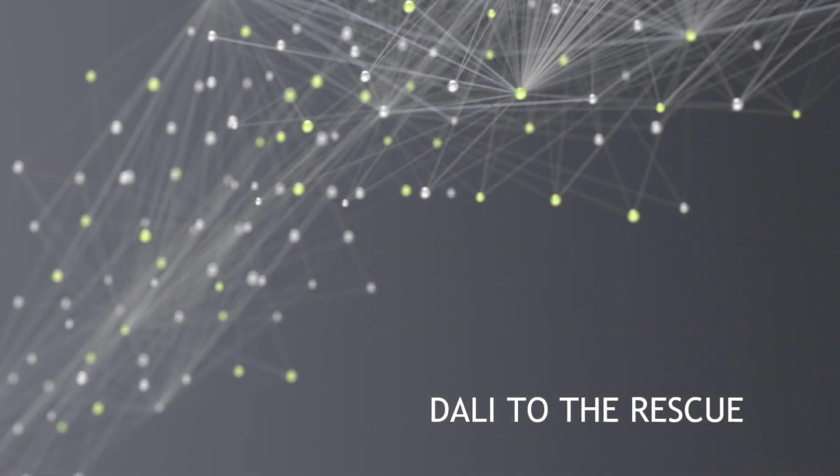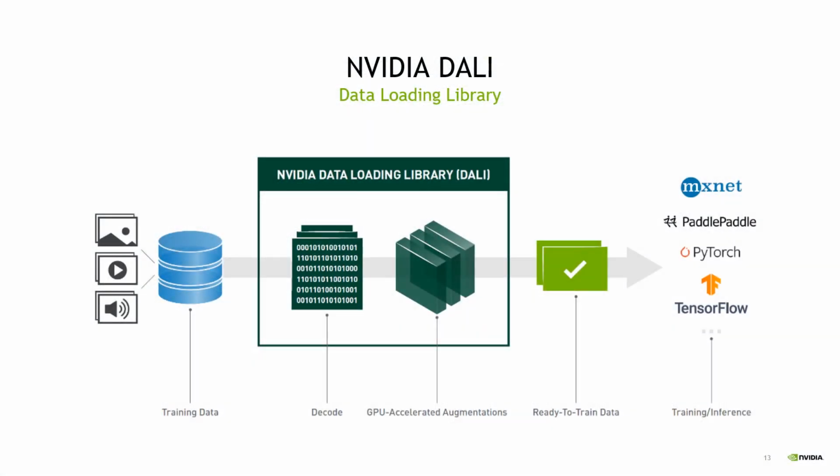In order to overcome the bottlenecks due to the data loading, NVIDIA developed this open source library, which is called DALI. It's production-ready software to the rescue to solve these kinds of issues. The NVIDIA DALI library sits between the training data, so your hard storage, and the model.